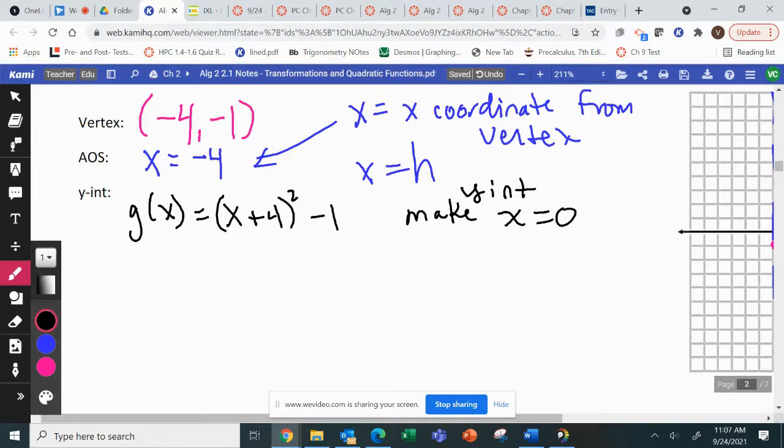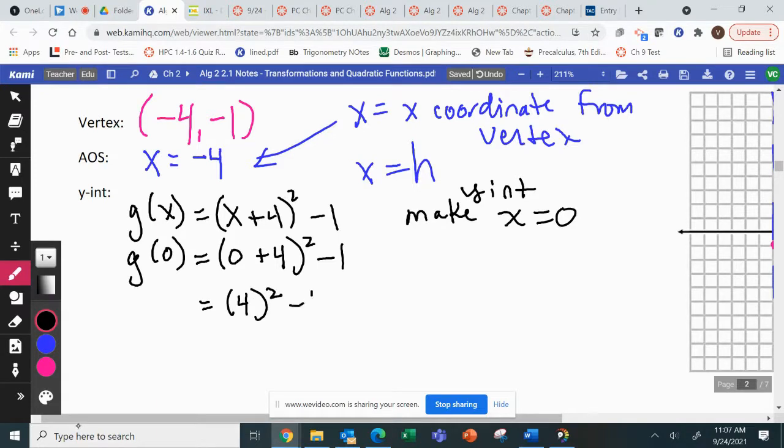So in my equation, I say g of 0. That means plug in 0 for x. Make x 0. 0 plus 4 squared minus 1. So 4 squared minus 1. 16 minus 1. 15. My y-intercept is 0, 15.